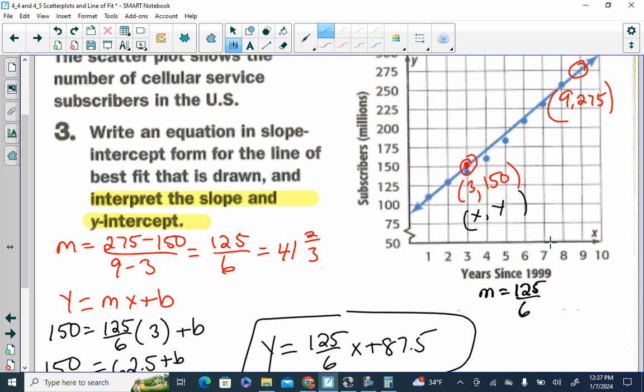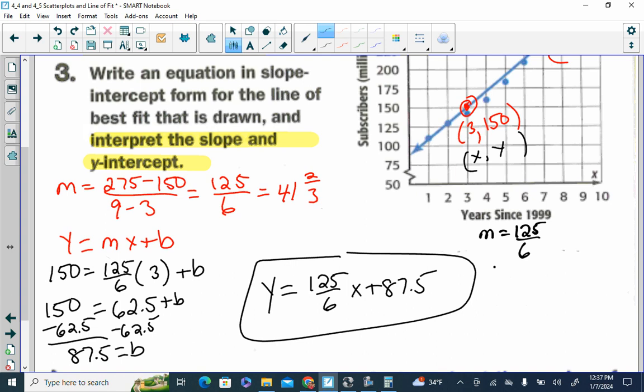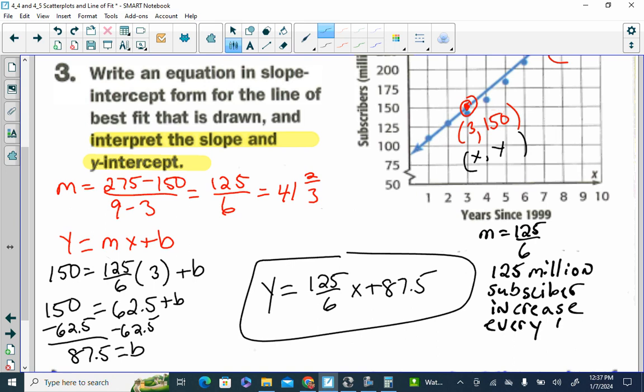So those are the number of years. Because it's increasing, our m means that we have a 125 million subscriber increase every 6 years. Right, so that's what our slope means in the context of this problem.